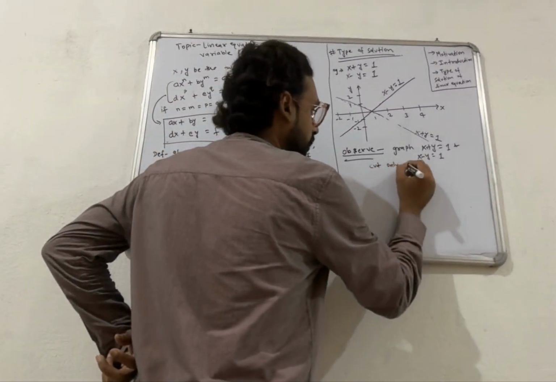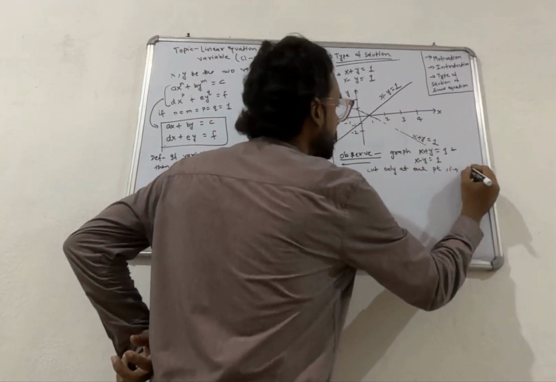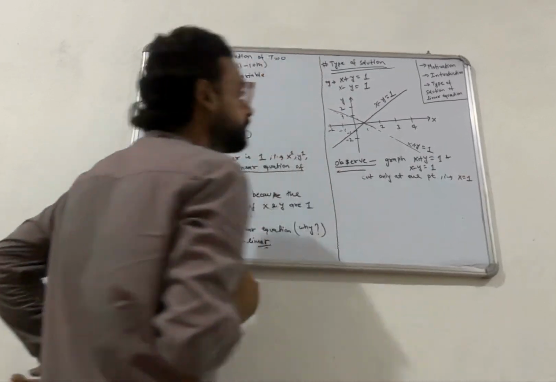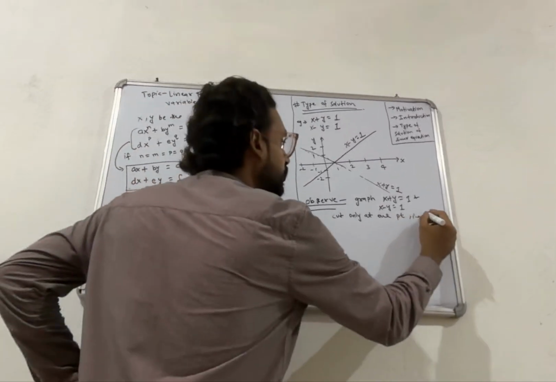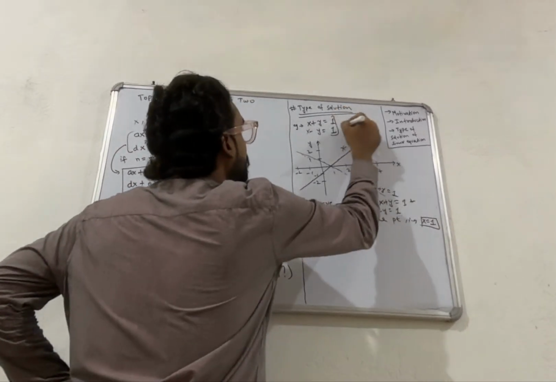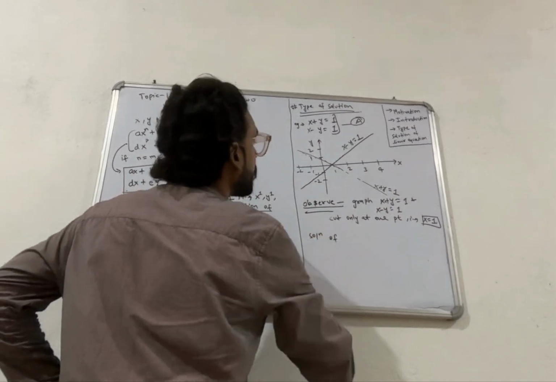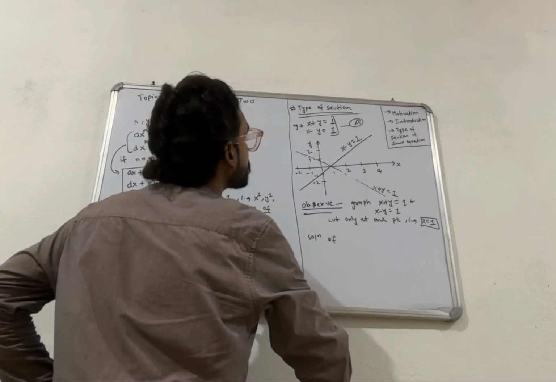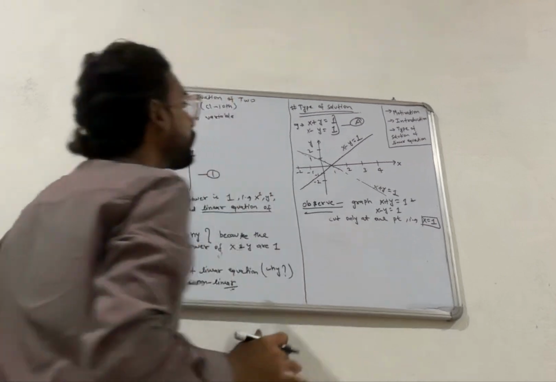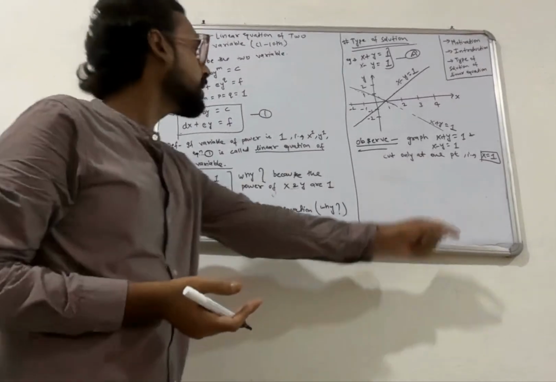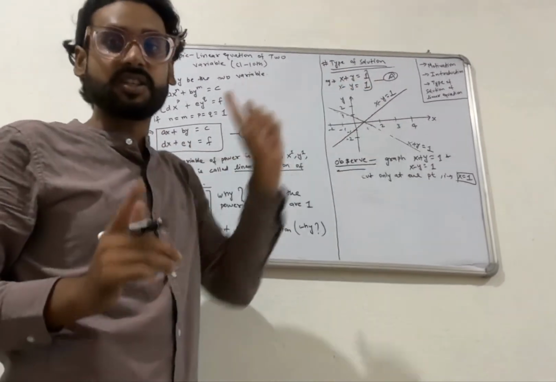Cut only at one point, that is x is equal to 1. So what can I say about the solution of these two equations? The solution of these two equations is unique.